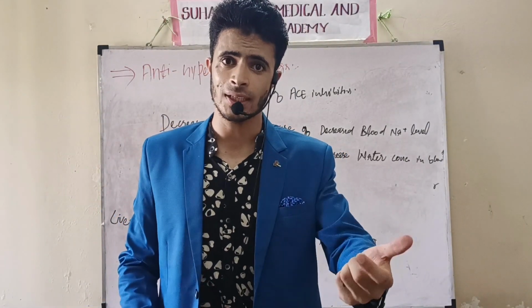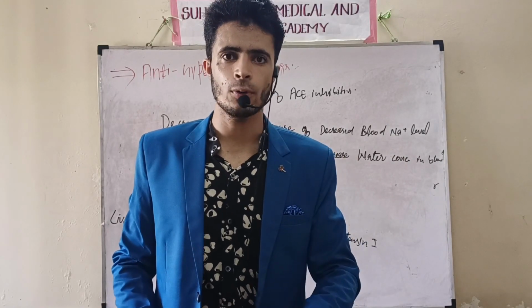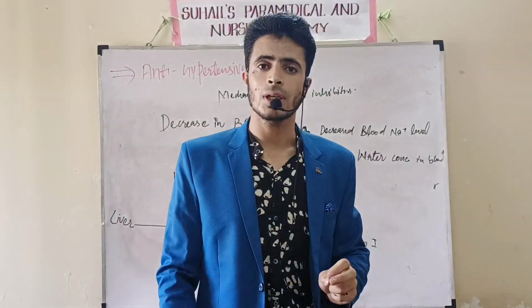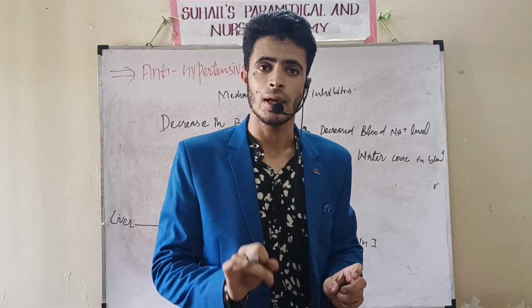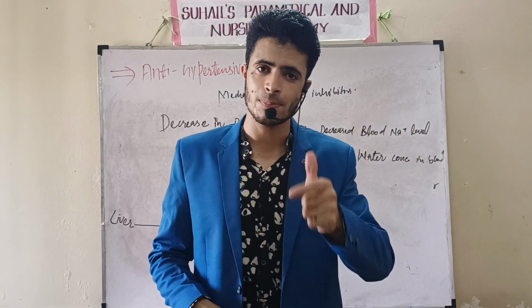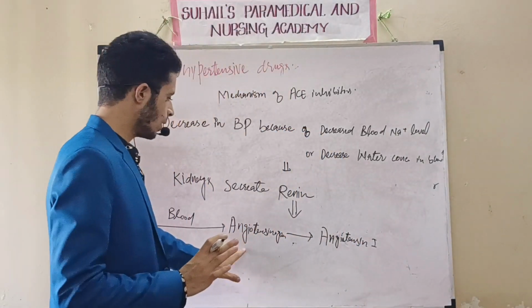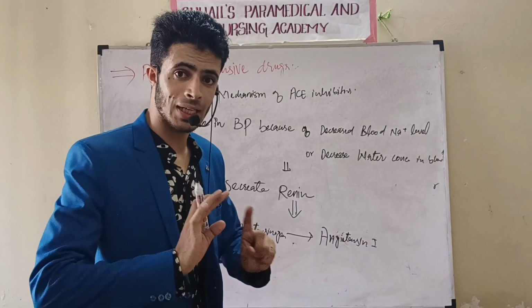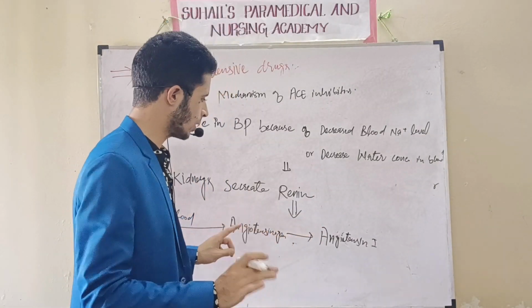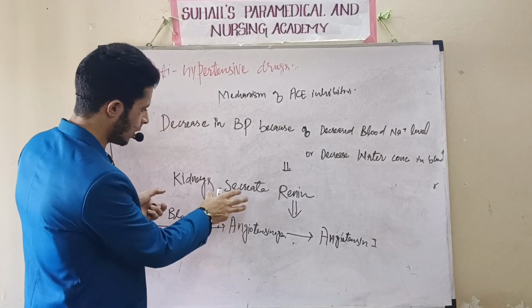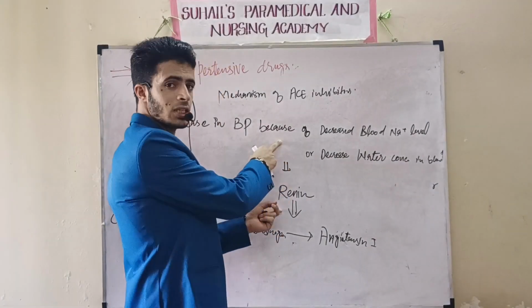Like you are studying in the digestive system, there are enzymes produced in our body, but those enzymes are produced in an inactive stage. Then they become active in their respective pH, in their respective locations. So I am telling about the angiotensinogen, which is inactive. It is not active now. Renin is produced by the kidney when there is decrease in blood pressure.